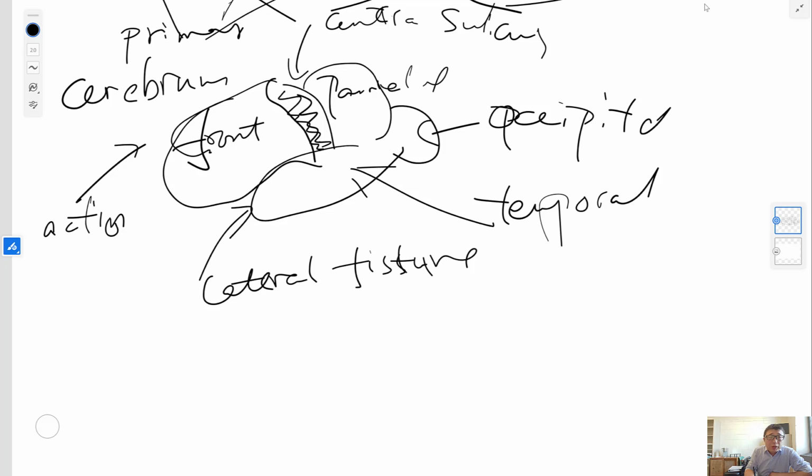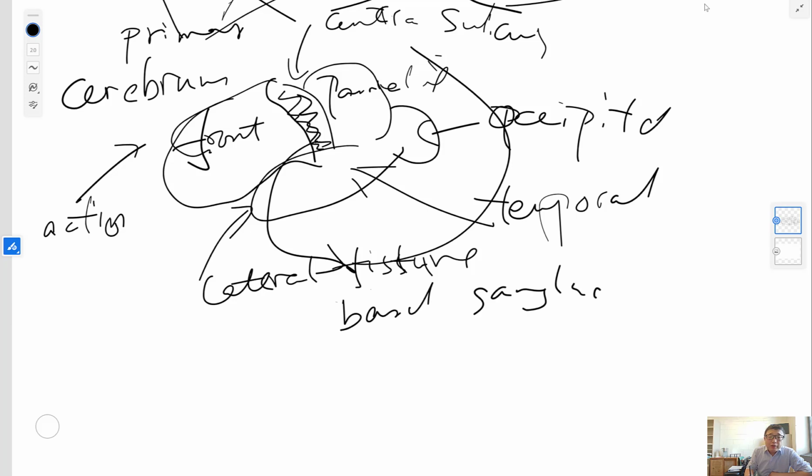has direct charge of giving the direct order to the motor system, and it goes to the basal ganglia. So the basal ganglia get a direct order from the primary motor cortex.